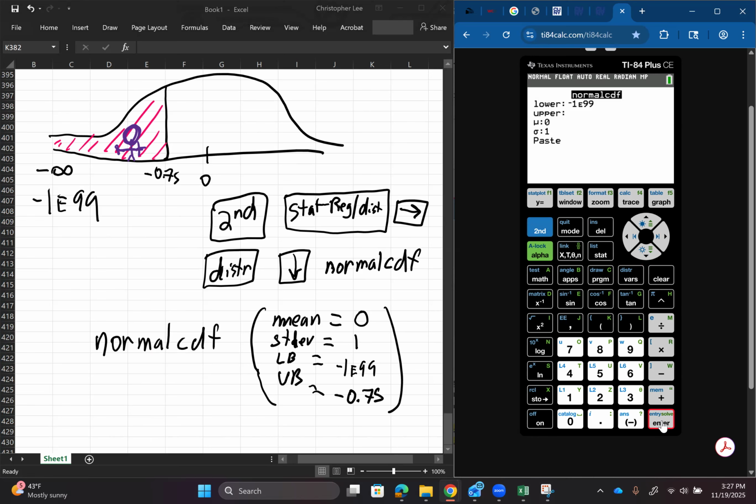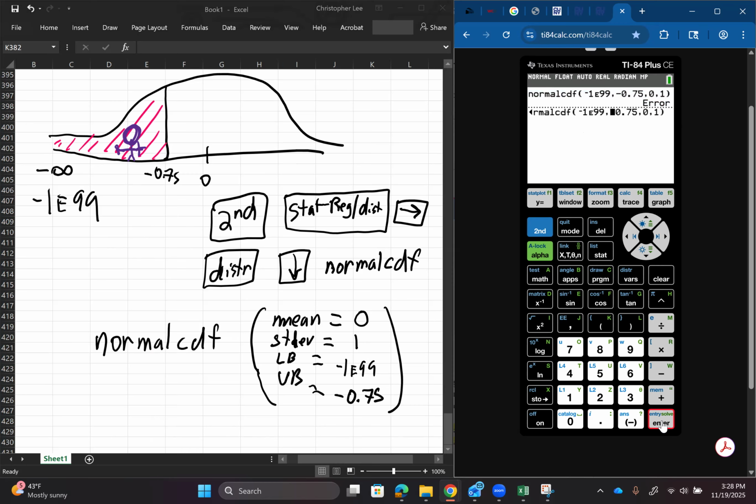Mine asks for the lower and upper bound first, then the mean and standard deviation, but we enter the same things. So -1E99, my upper bound is -0.75, my mean is 0, my standard deviation is 1. Boom. Oh, what happened here? Let me tell you what happened. Come back up here, right?